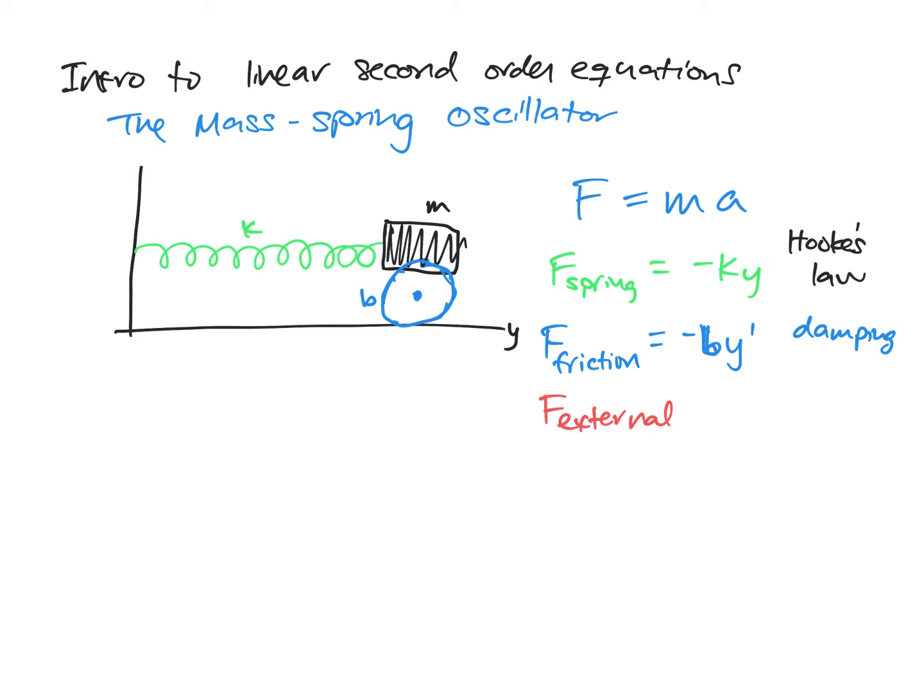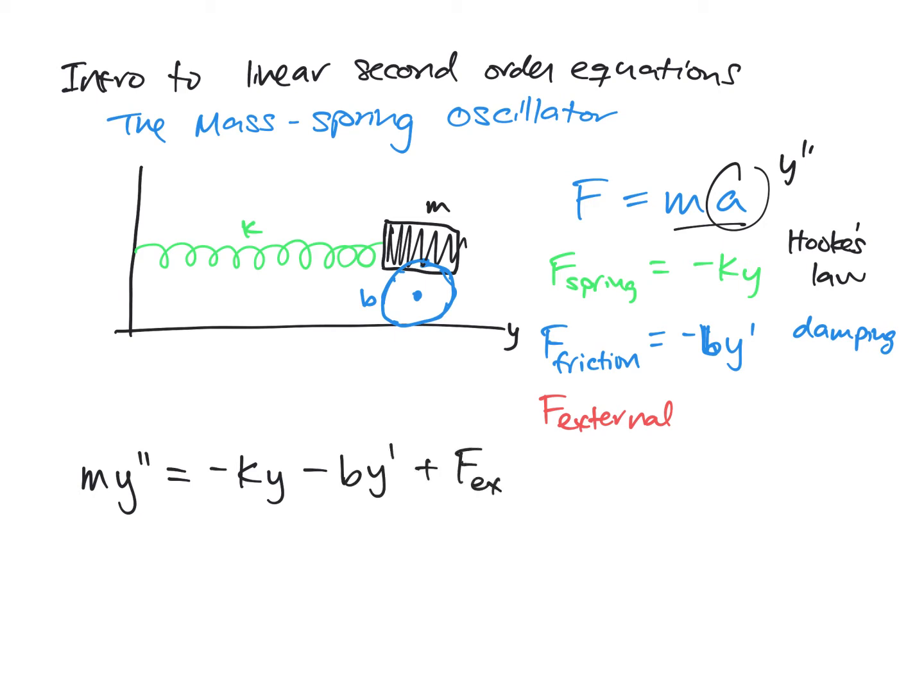So let's put this all together. We have ma. Well, a is our acceleration, so this is y double prime. So we have m y double prime equals the sum of all of our forces. So we get negative ky minus by prime plus, we'll just call this f external.